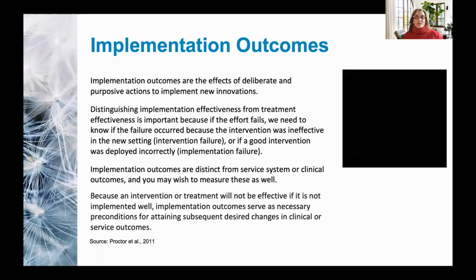But implementation outcomes really get at the issue of, was your implementation effective? Did you conduct your implementation recipe, process, whatever terminology you want to use, in an explicit, intentional, and systematic manner?